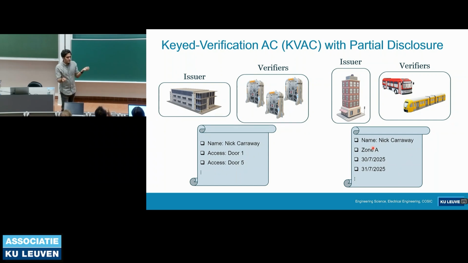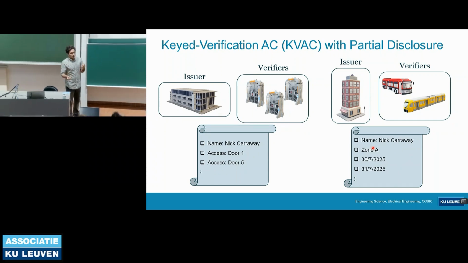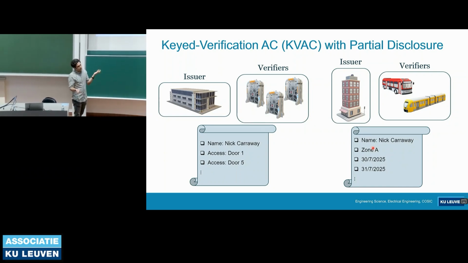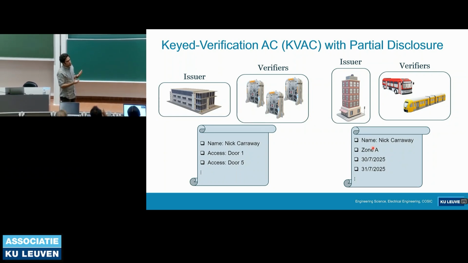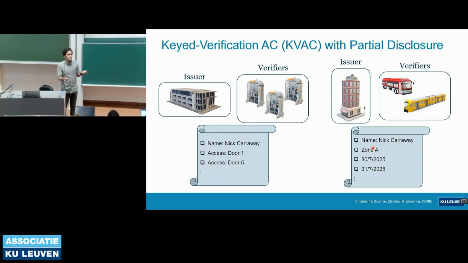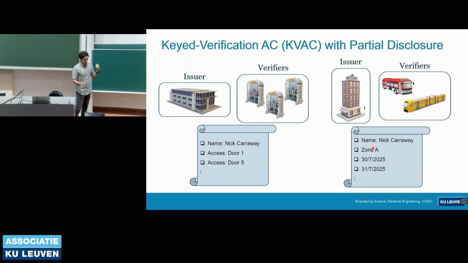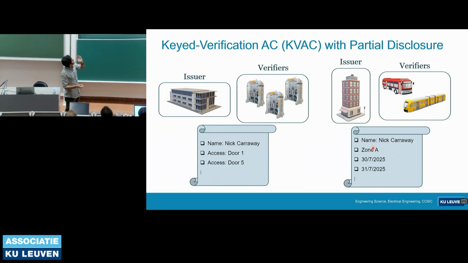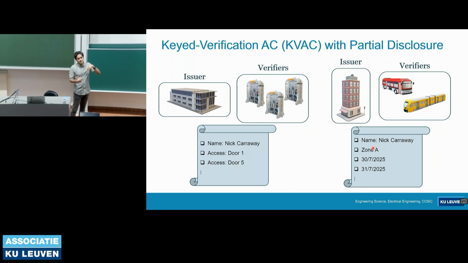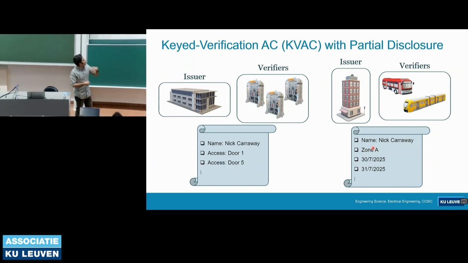In this kind of scenario, we can say that the verifier and the issuer trust each other, or maybe in other scenarios the issuer and the verifier are the same entity, so they can share the secret key both for generating the credential and for the verification. For the building management scenario, the attributes would be, for example, the name of the user and the door ID that he can have access to.